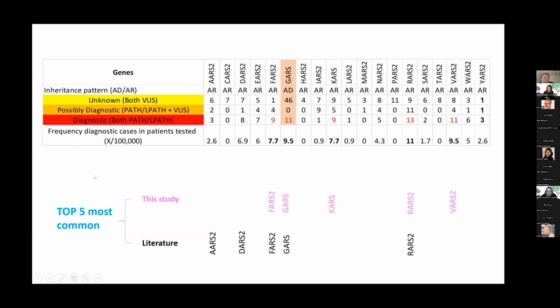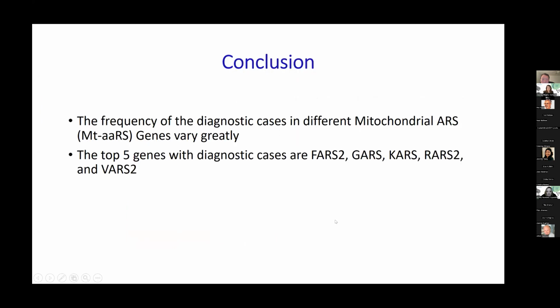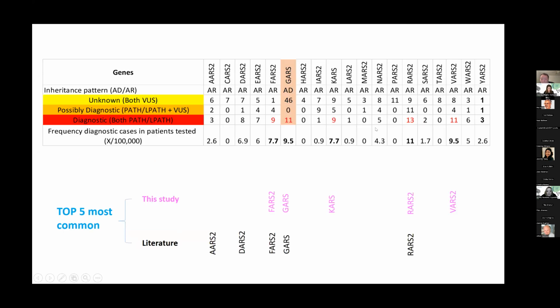So the top 5 most common mitochondrial ARS genes are these 5. The conclusion is just what I have mentioned. The frequency of diagnostic cases in different mitochondrial ARS genes varies greatly. Some did not have any diagnostic finding.